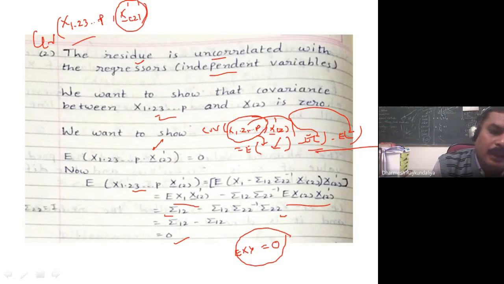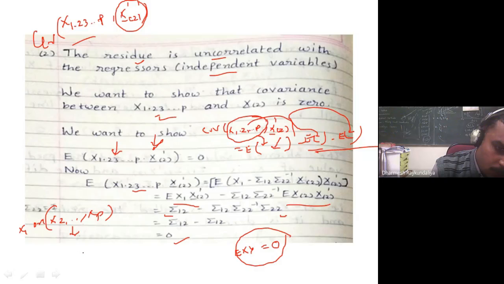It is showing that both the residuals and the linear predictors, or you can say the regressors, are independently distributed. When you talk about the regression, this x1 on x2 up to xp, these are said to be regressors. It is also known as a predictor.